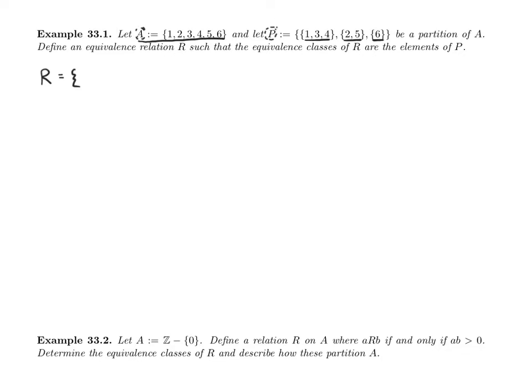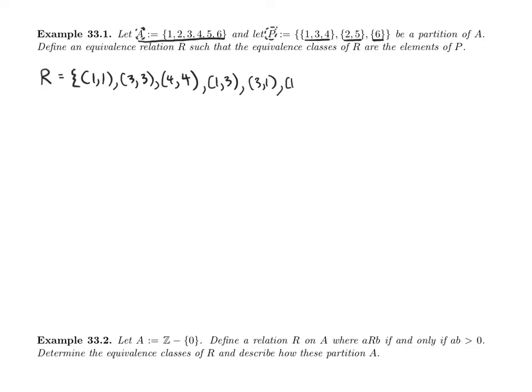So let's start with the first element of our partition, we can think of as the first equivalence class in our relation. Well, everything is related to itself. 1 is related to 1, 3 is related to 3, 4 is related to 4. We also have 1 is related to 3. Let's do the symmetric thing first, 3 is related to 1, just to keep things in the same order.